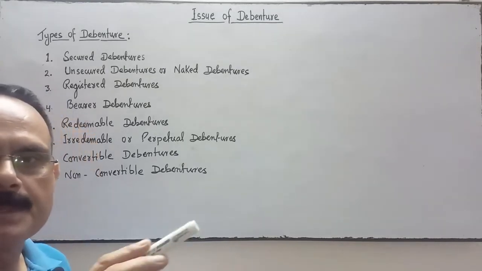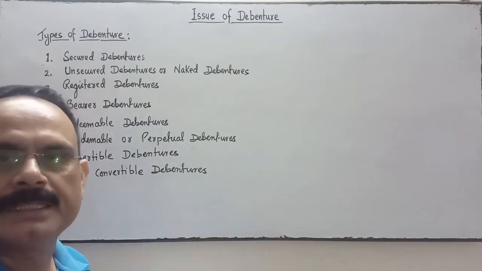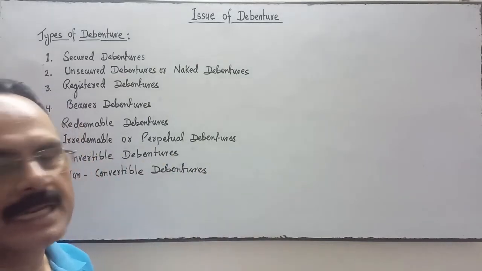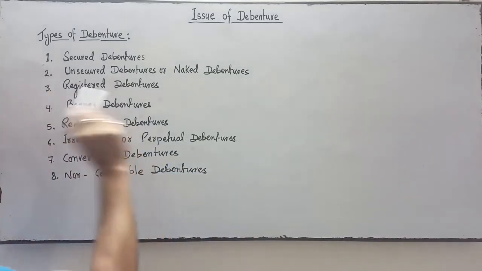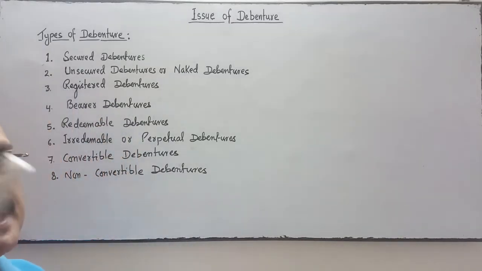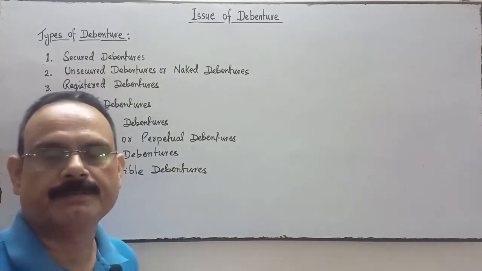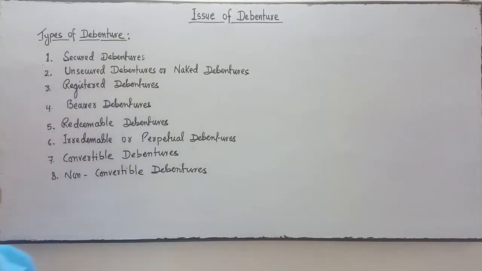Only the person whose name is in the register will be given the interest and principal amount by the company. That's why it is called a registered debenture.